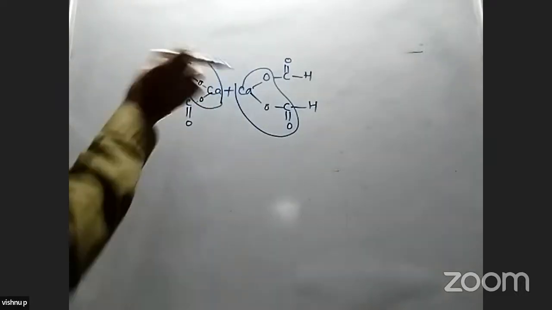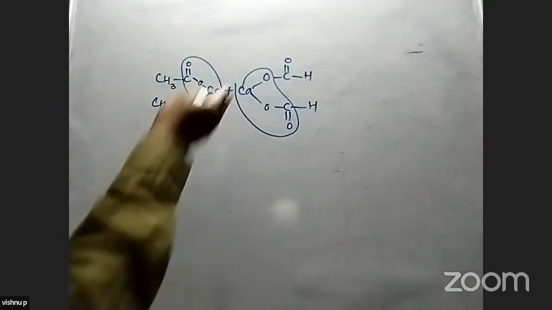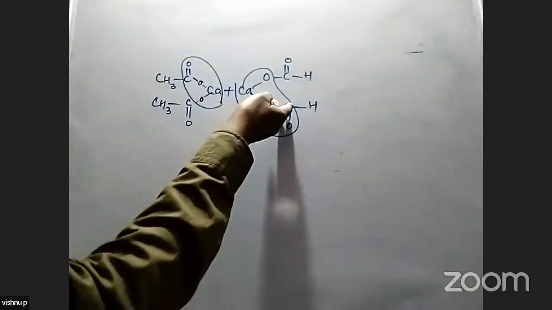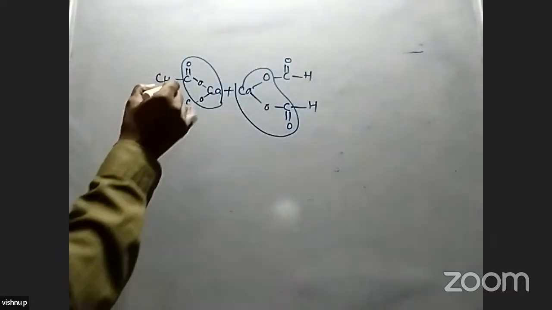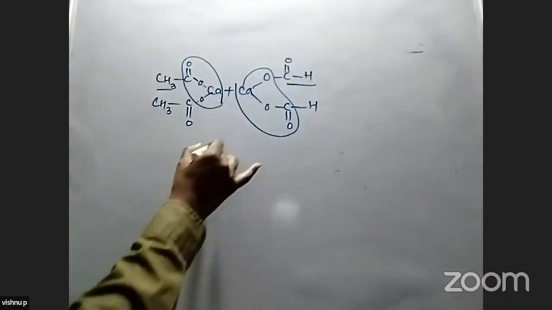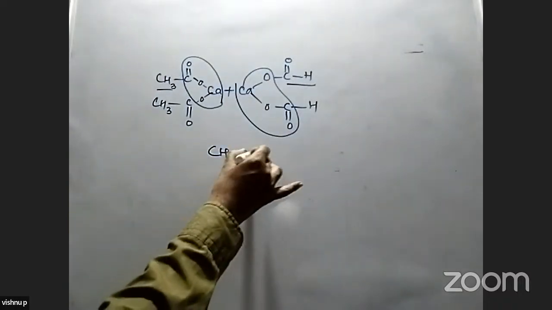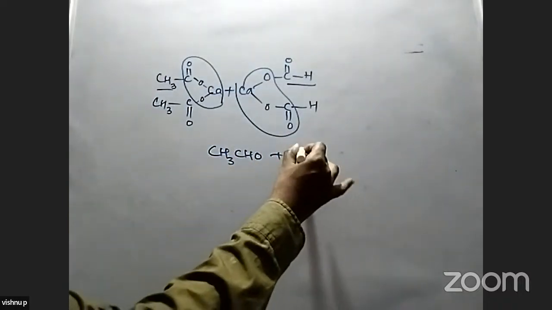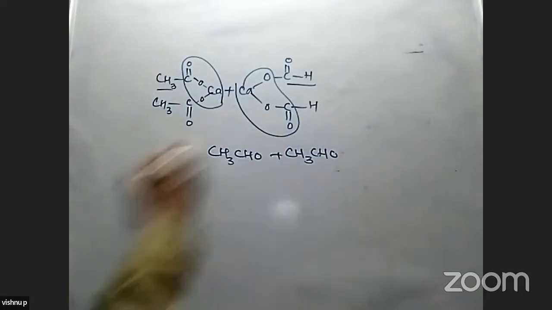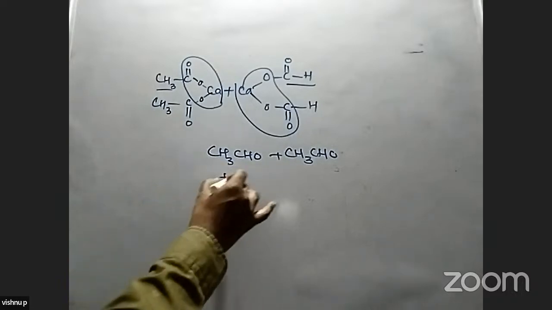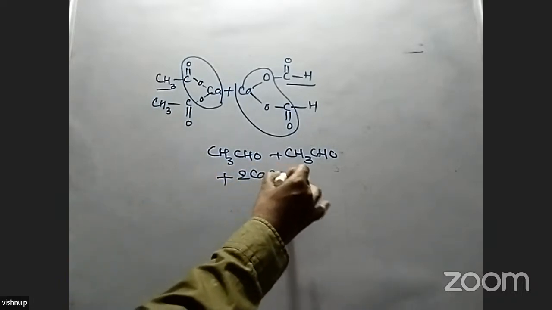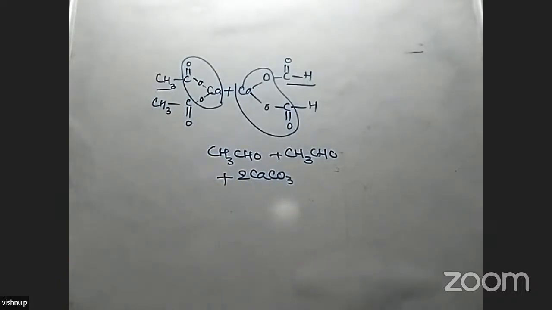One compound, this side CaCO3 is separated. Other compound, bottom side COOCa, CaCO3 completed. And you add these two groups. So what type of compound do we get? 2 moles of CH3CHO is formed in this reaction, along with separation of 2 moles of calcium carbonate.